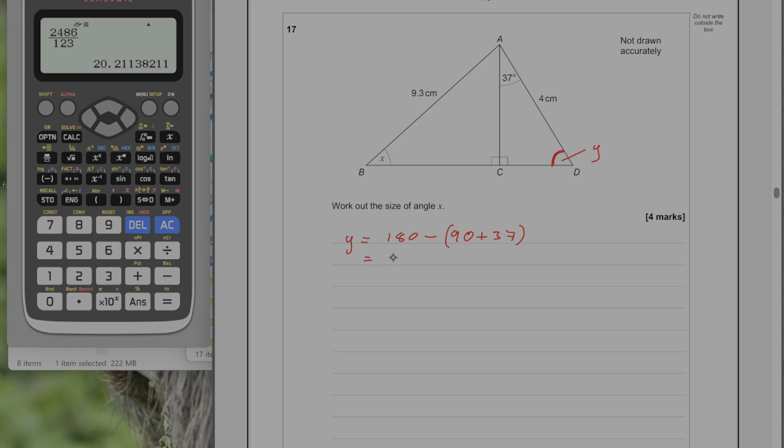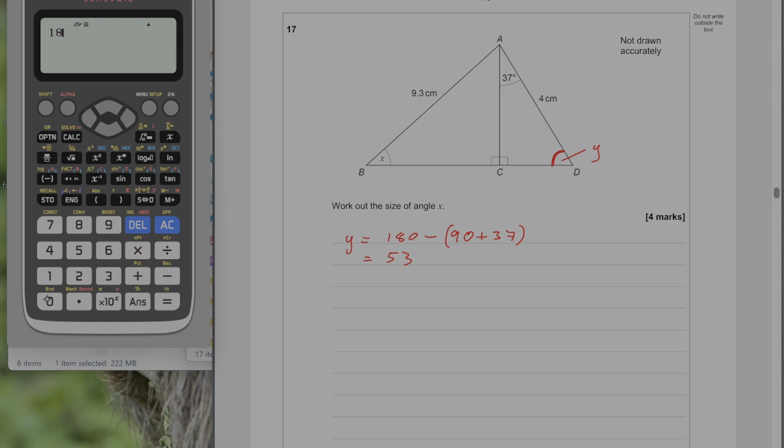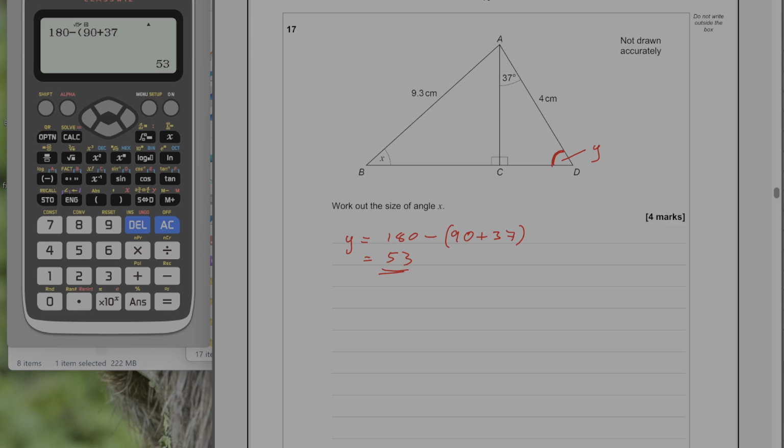So that's going to be 43. No, 53. Just check that there. 180 minus 90 plus 37, 53. Yeah. Okay, and then I'm going to use the fact that sine x over 4 is equal to sine y over 9.3.